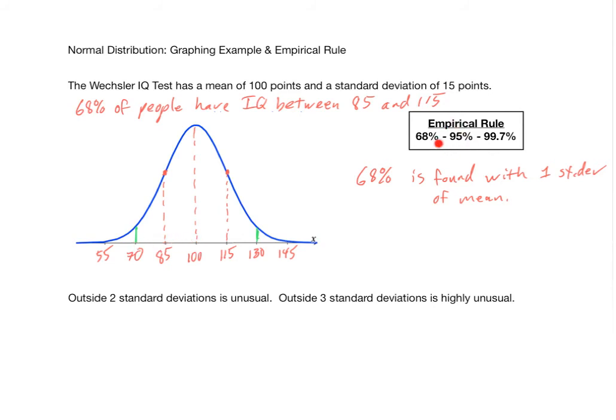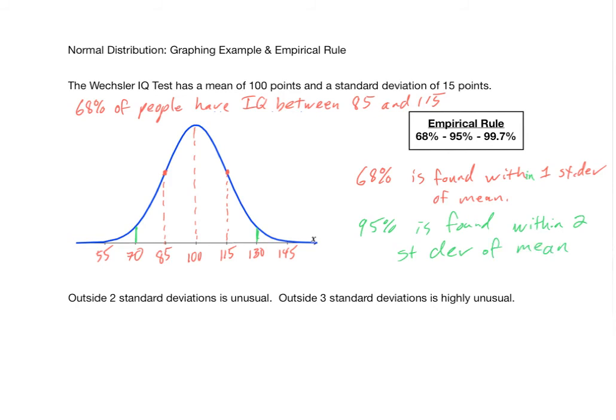What this is saying here is that 95% of the data is found here between these 2 points, two standard deviations away from the mean. So 95% of the data is found within two standard deviations of the mean.